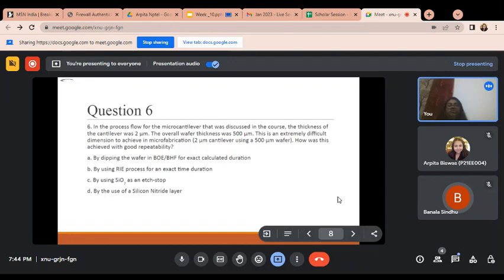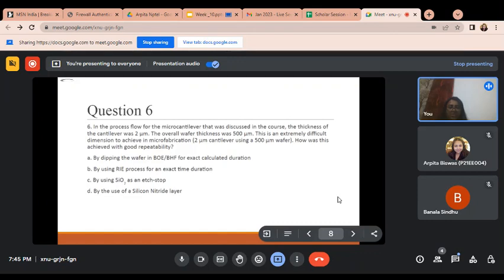Next we are moving toward question number 6. In the process flow for the micro cantilever that was discussed in the course, the thickness of the cantilever was 2 micrometer. The overall wafer thickness was 500 micrometer. This is an extremely difficult dimension to achieve in micro fabrication: a 2 micrometer cantilever using a 500 micrometer wafer.